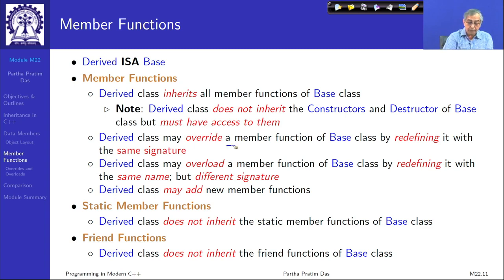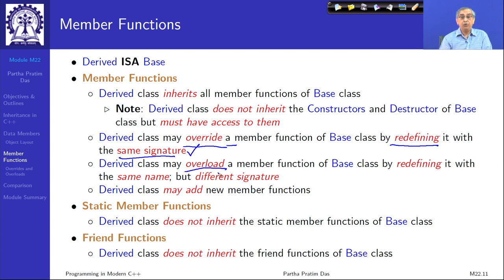Now, there are two special properties. A derived class can override a member function it has inherited by redefining it with the same signature. It does not change its signature, but gives a different implementation, a different body to it. If it does not give one, whatever it has inherited will work, but here it can choose to give a different implementation, keeping the signature the same.